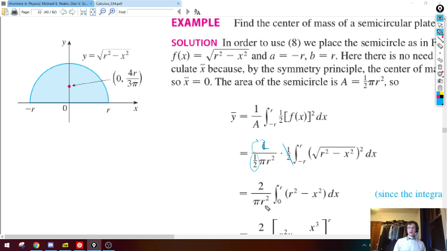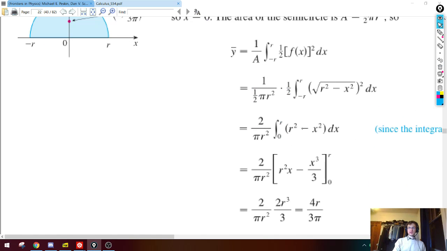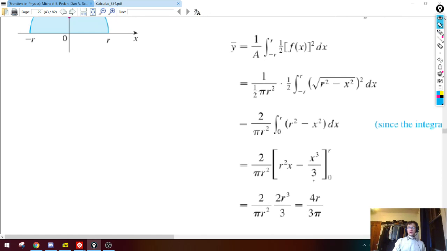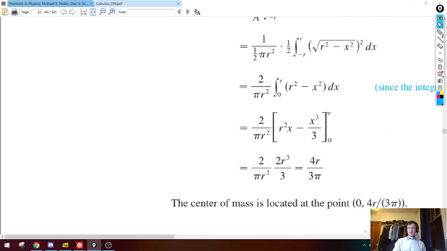So it's 2 over pi r squared times the integral from 0 to r of r squared minus x squared dx. And then we just evaluate those two integrals. The first one's r squared x, the second one's minus 1/3 x cubed. Plug in 0, plug in r. The r gives you r cubed minus r cubed over 3, which gives us 2r cubed over 3.